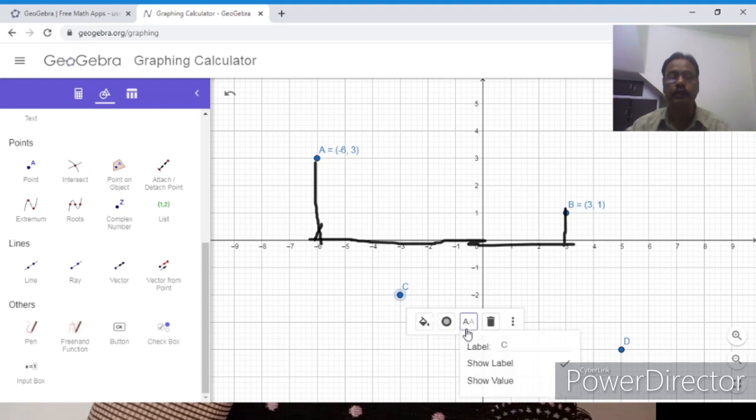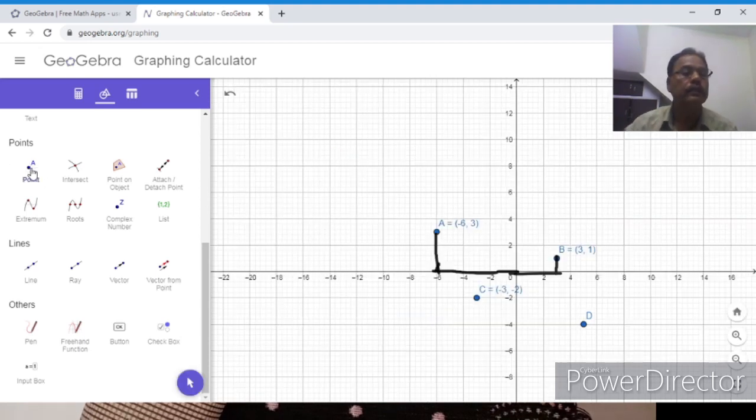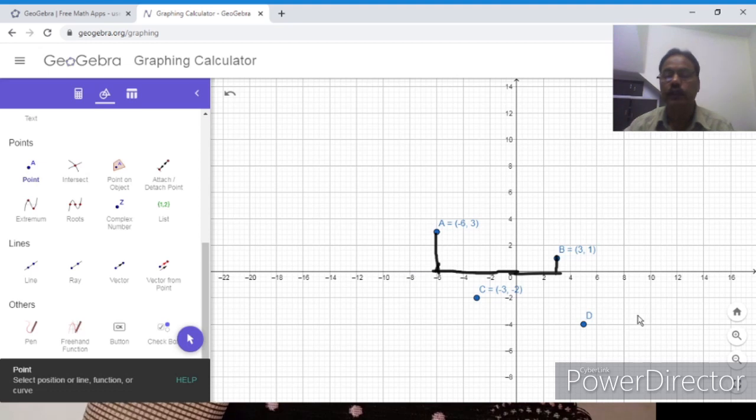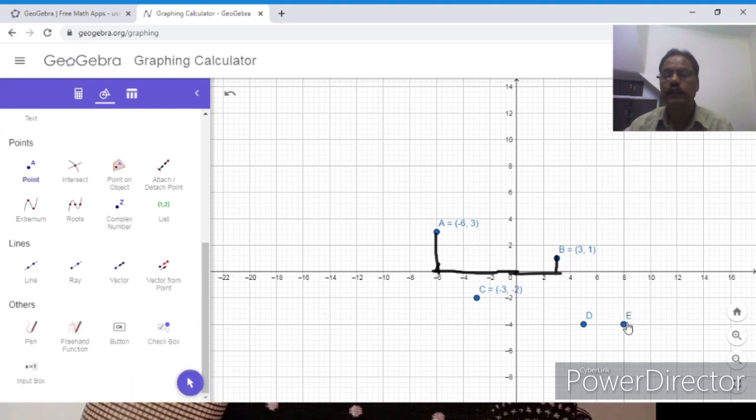So let us find out its value. Yes, -3, -2. Now another point, let us take another point here. Point E, and we want to find out its coordinate.